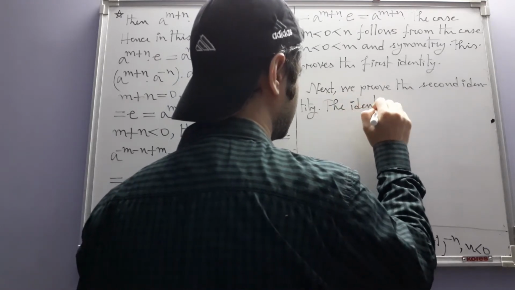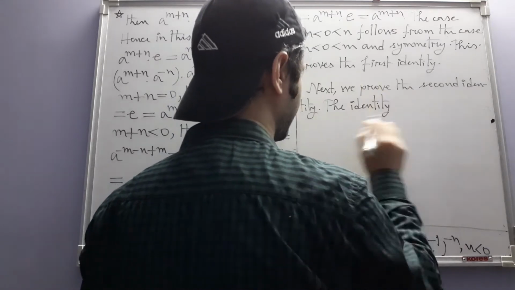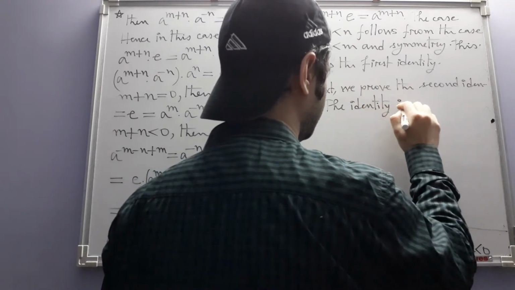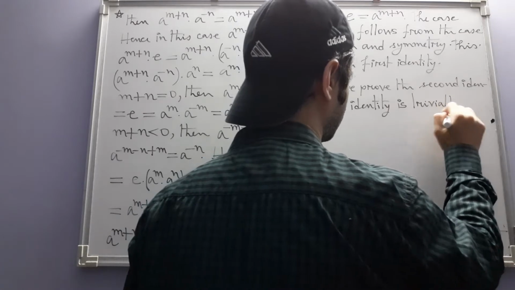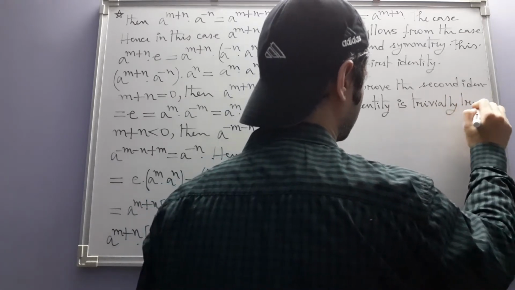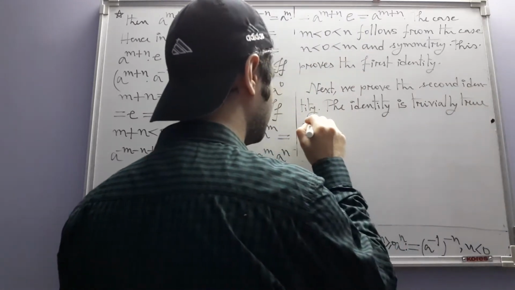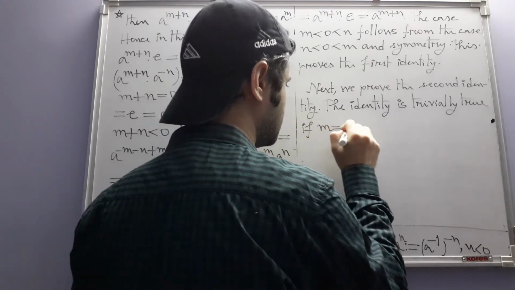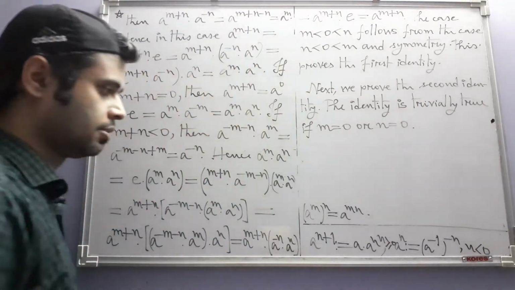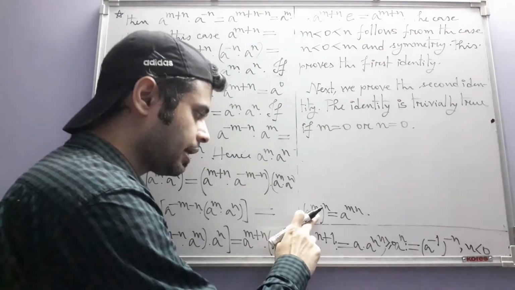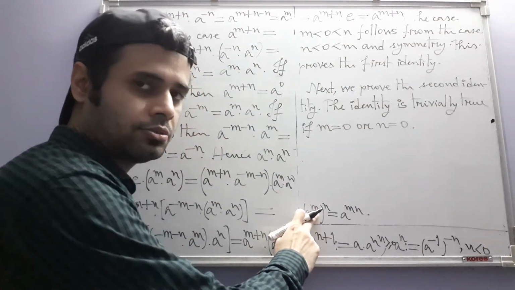But before we go for that induction proof, let us note that the identity, just like the previous one, is trivially true if m is 0 or n is 0. Let us see what happens when we have m equal to 0.